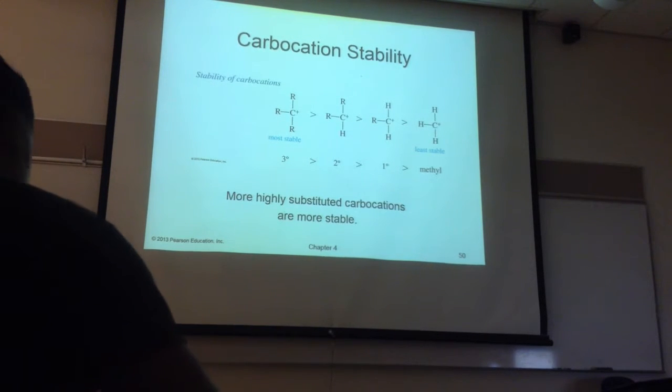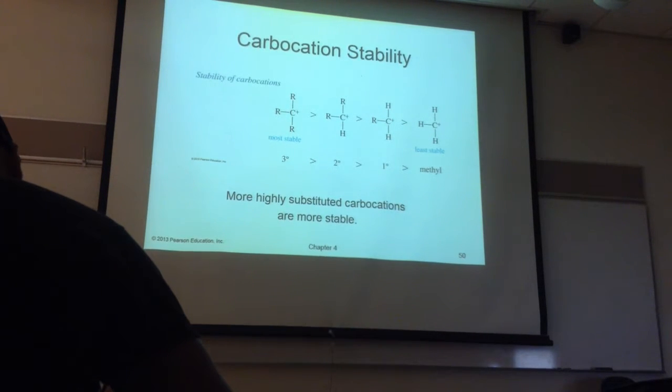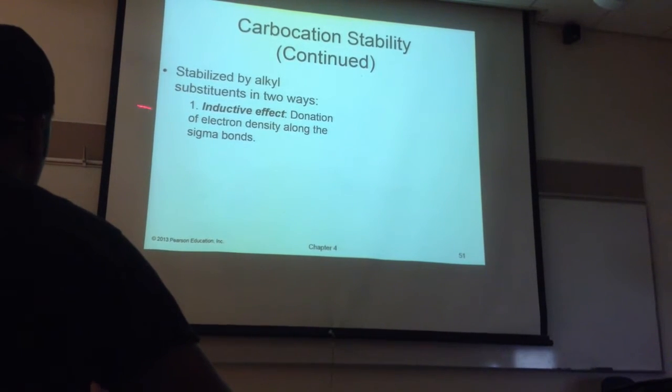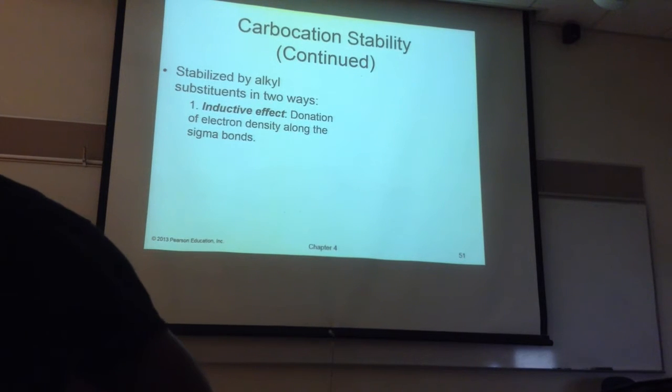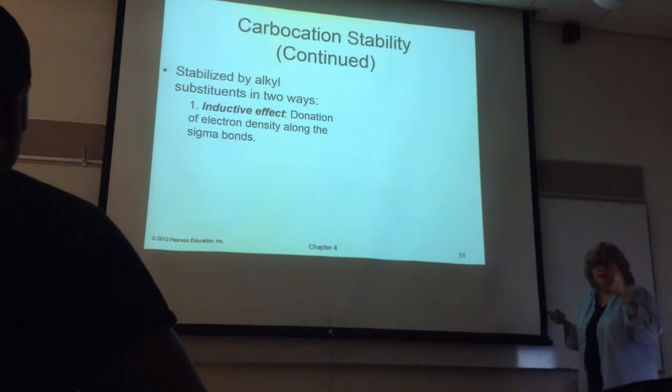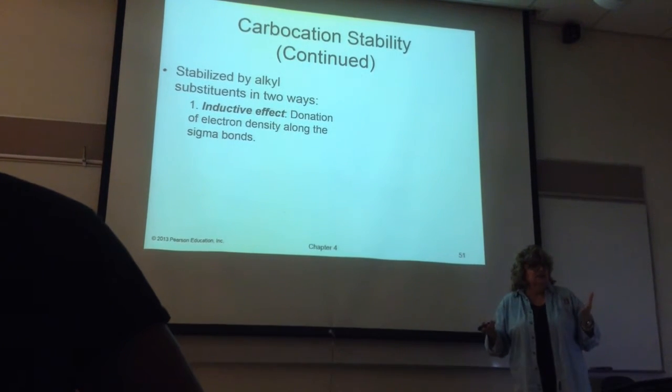So the inductive effect is really a donation of electron density through a sigma bond of a carbon-carbon bond. I would add that to my definition because that's just not enough. Donation of electron density along the sigma bonds of carbon-carbon, because we had carbon-hydrogens there. So it's carbon-carbon. The more carbon-carbon bonds that you have, the higher the electron density.